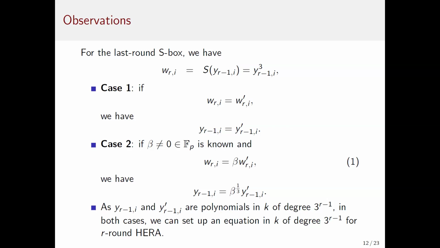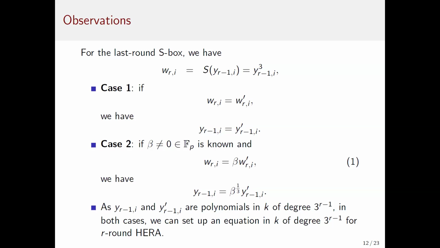And by exploiting the property that the S-box is a power map, that is x cubed, if we can observe this condition in the output pair, with beta being a non-zero value, then we can also observe this relation in the input pair.